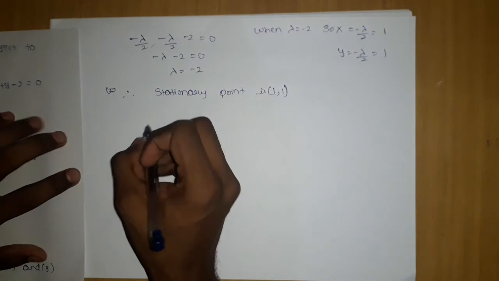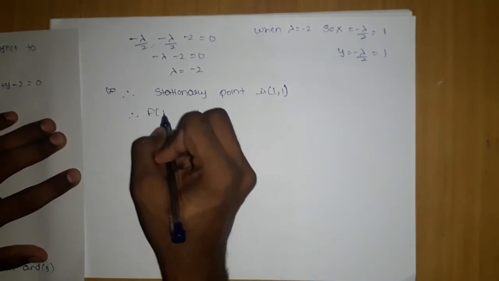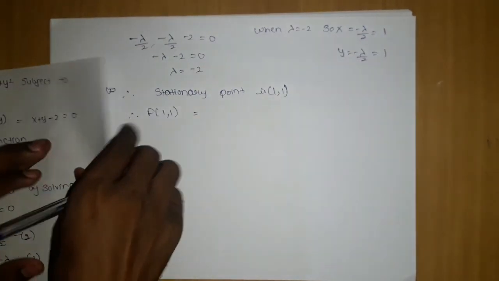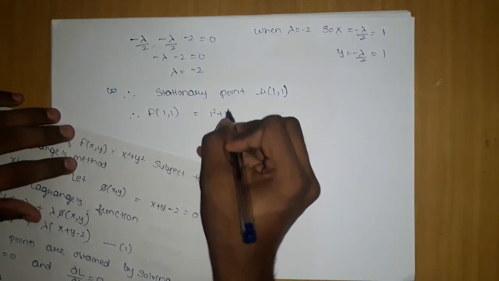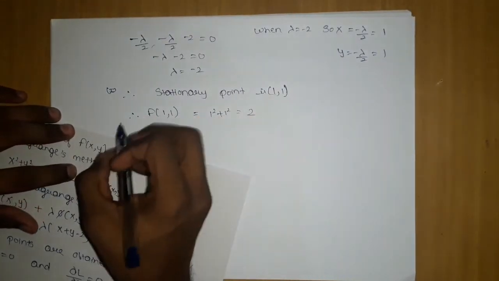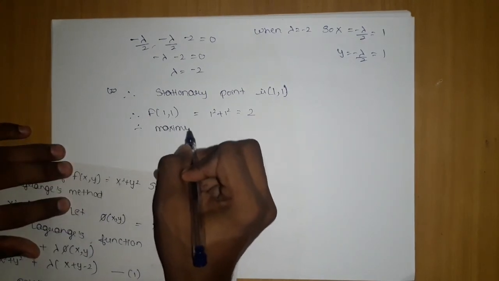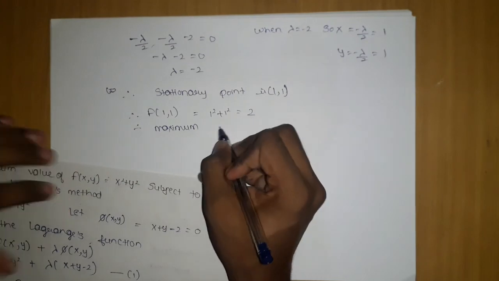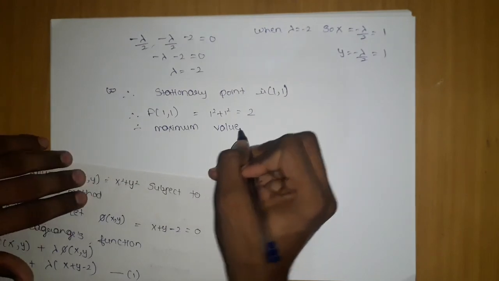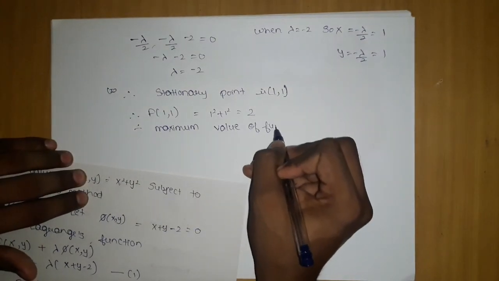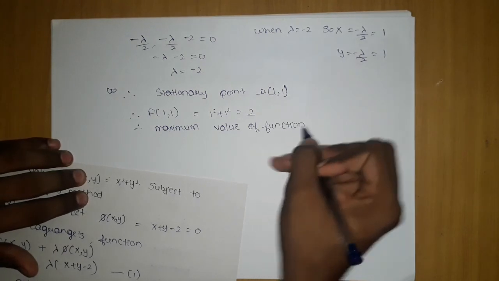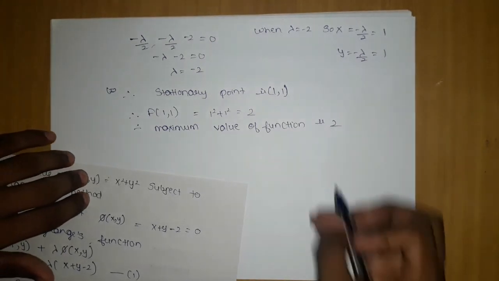Now f of 1 comma 1 is 1 square plus 1 square, which is nothing but 2. Therefore the maximum value of the function is 2.